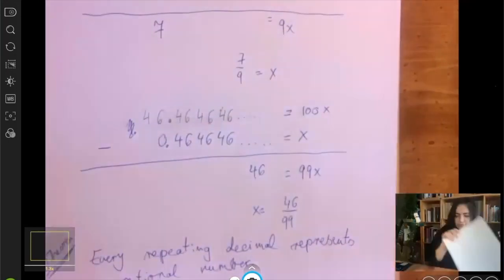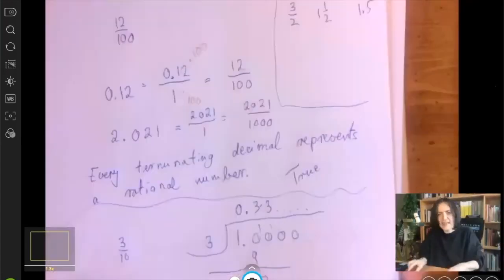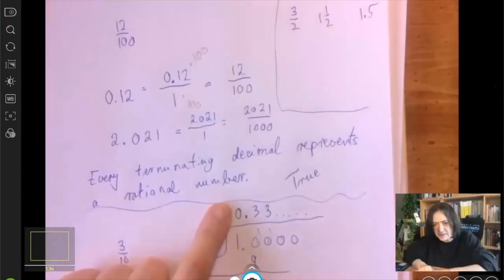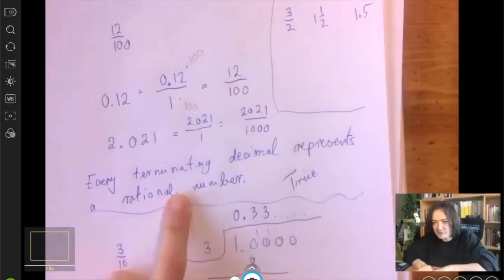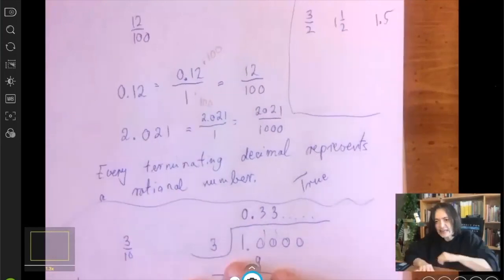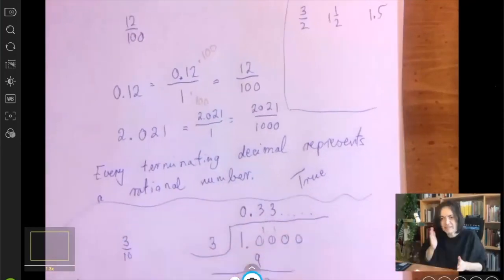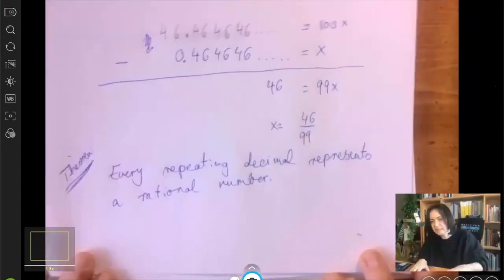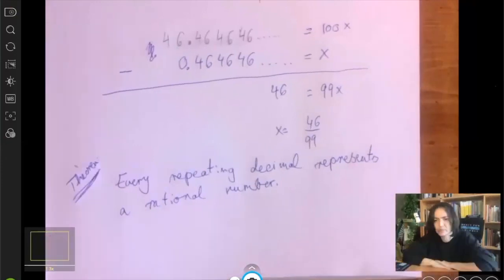What do you think? Every terminating decimal represents a rational number. So irrational numbers cannot be terminating as decimals, right? Because if it's a terminating decimal, we proved that that's a rational number. So an irrational number as a decimal cannot be ending. It has to be an infinite decimal. Can it repeat? Yes.